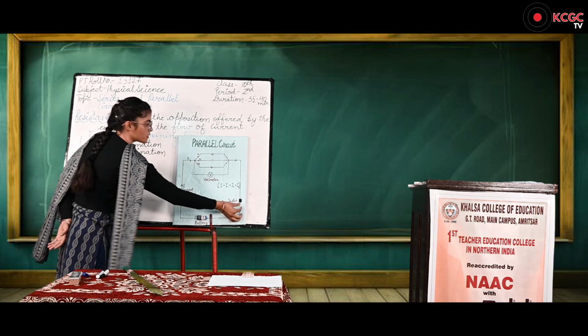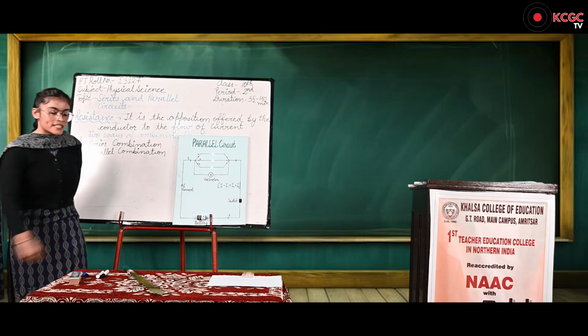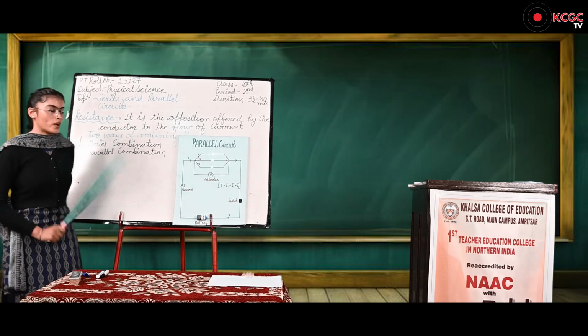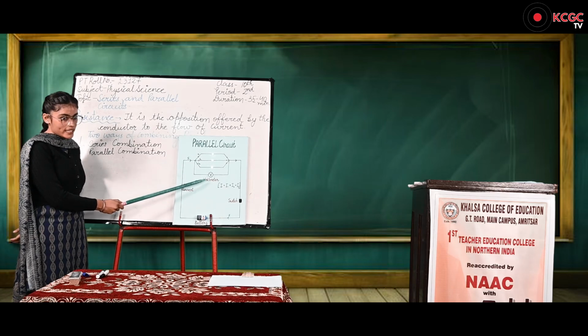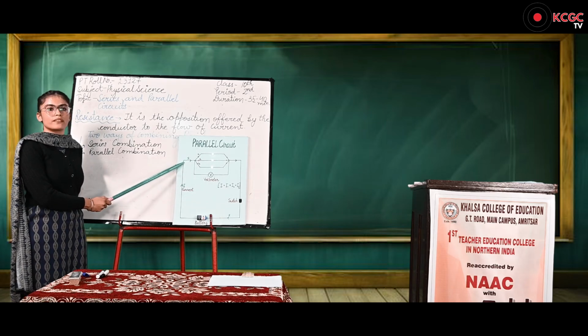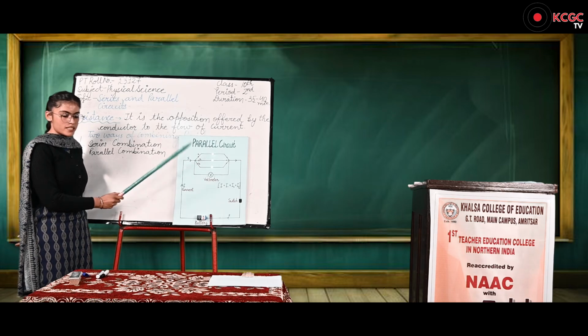Now when I switch on the button here, the bulbs start to glow simultaneously, not one by one. So in this circuit, the bulbs start to glow simultaneously and the current is going to be divided into 3 parts, that are I1 plus I2 plus I3.